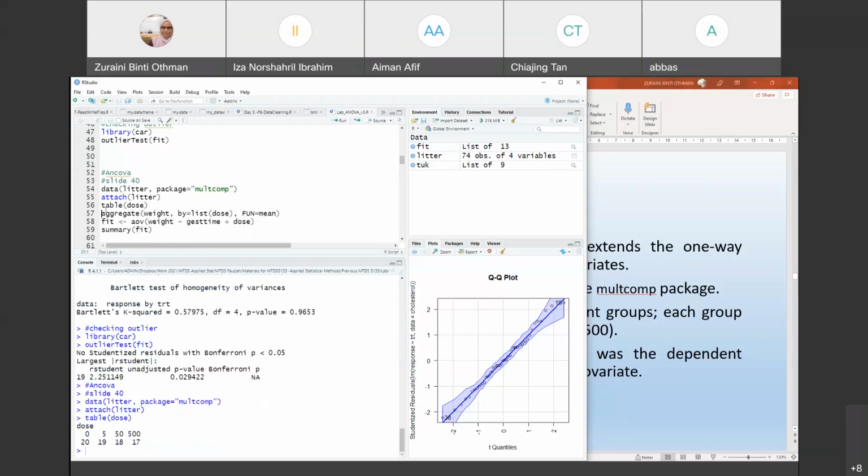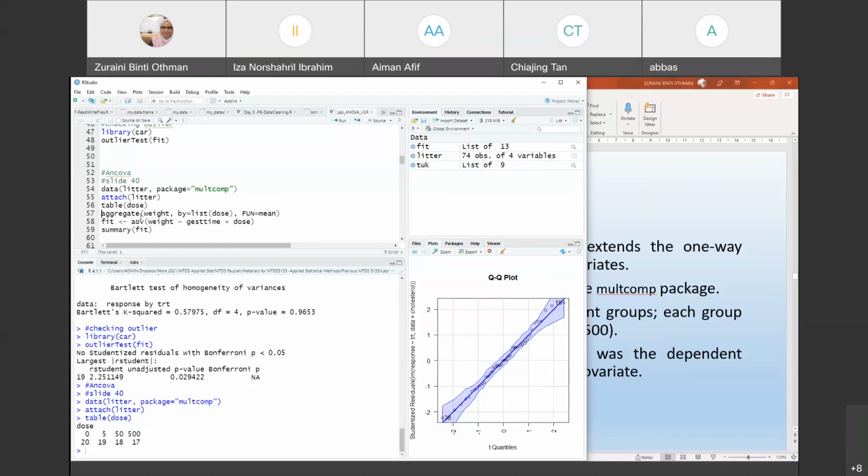This is the table, where we notice that we have a different sample size for each dose: for no drug, 20 samples, 5 dose of drug is 19 samples, 50 dose is 18 samples, and 500 dose is 17 samples.